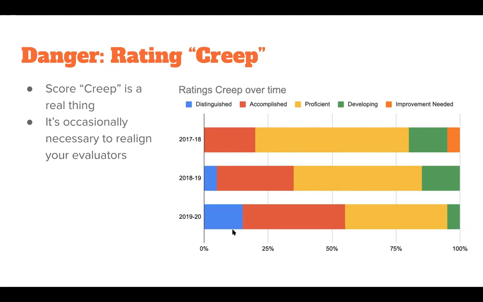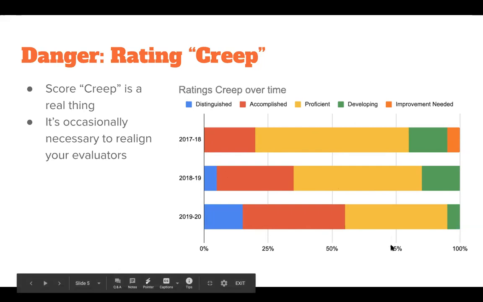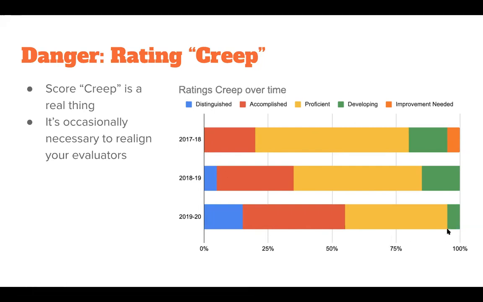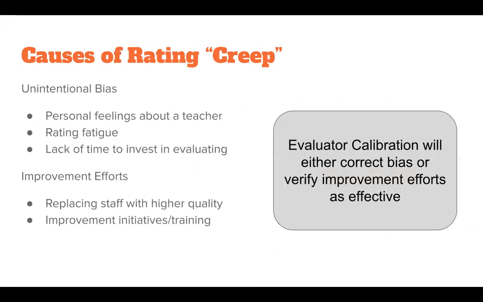Finally in 2019-20, distinguished has grown quite a bit, and accomplished has grown quite a bit. This implies that we're approaching potentially 95% of our teachers in the district being proficient or better, which isn't necessarily a bad thing, but are our evaluations truly reflective of the makeup of what we have on our campuses and working with our students?